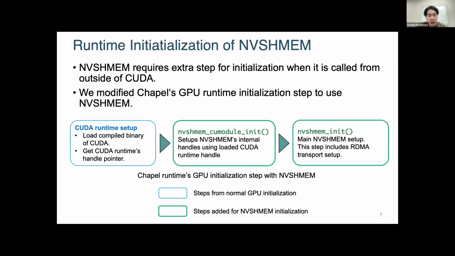One is the NVSHMEM module init function, and the other is the NVSHMEM init function. The first one, NVSHMEM module init, initializes NVSHMEM's internal handles using the CUDA runtime handle. Then, NVSHMEM init performs the main NVSHMEM setup, which includes the RDMA transport initialization for internode communication.